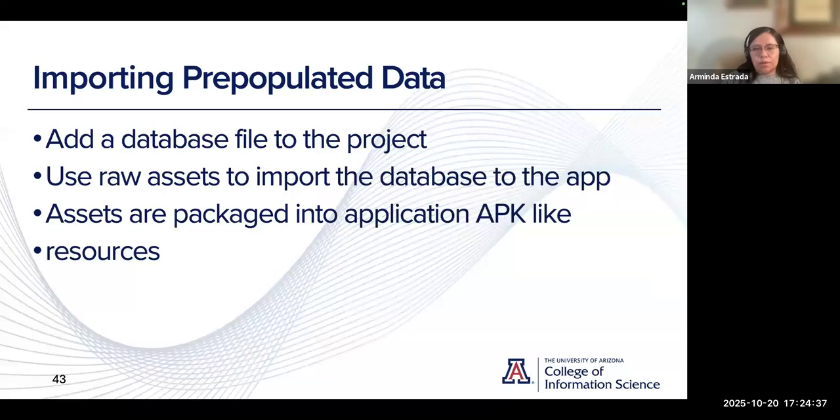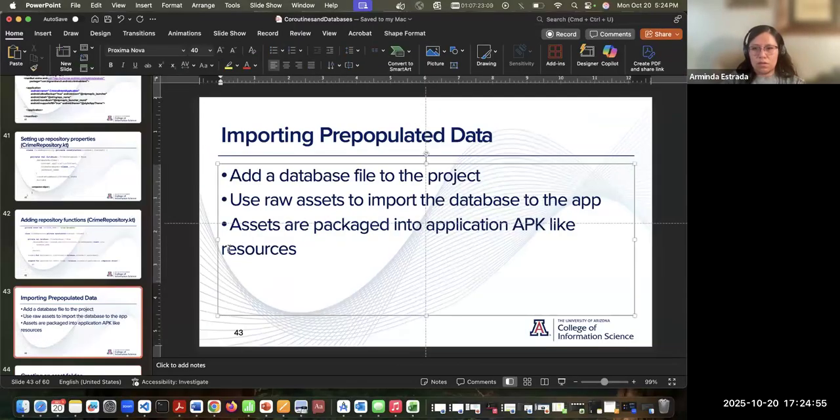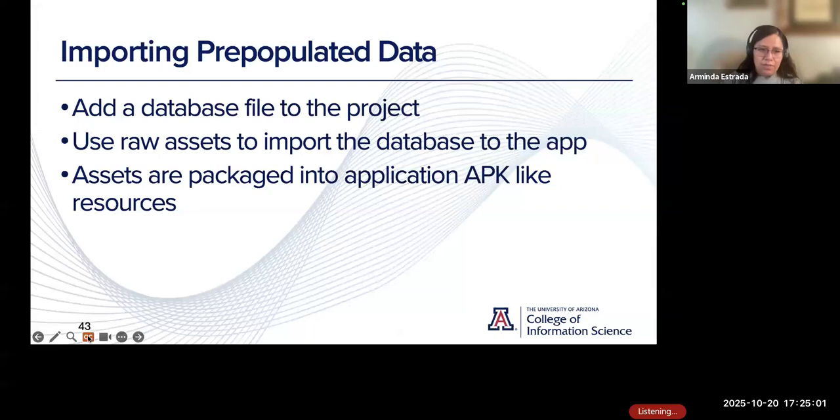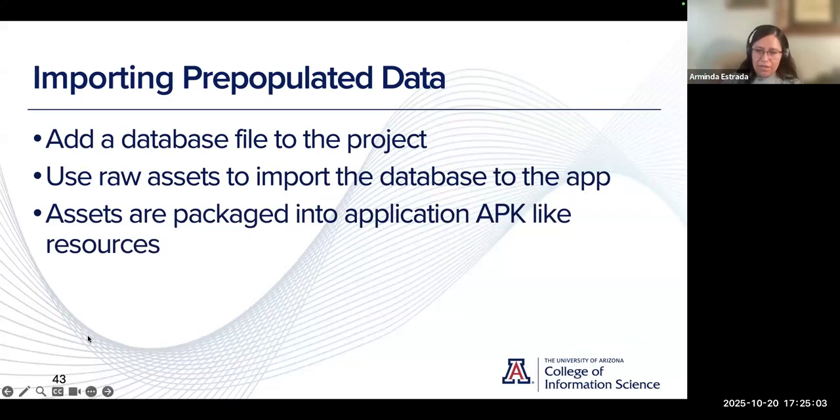So importing pre-populated data. You can add a database file to the project, use the raw assets to import the database to the app, as it's packaged into the application APK file resources. So I'm going to show you. Remember how I mentioned at the beginning of class that there was this database file that you need for your assignment 5?